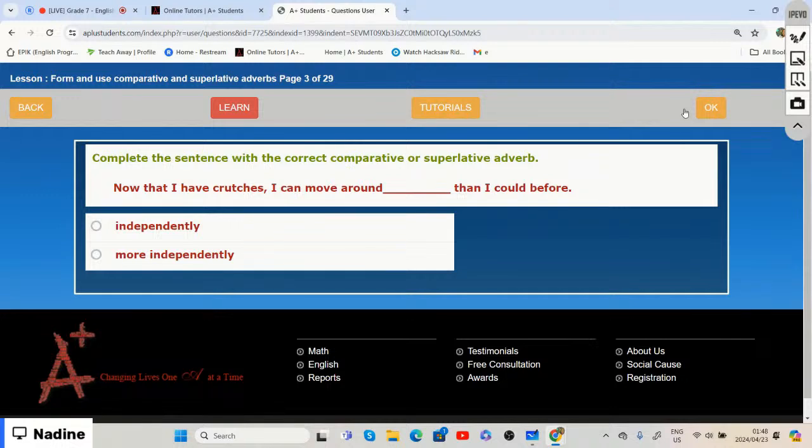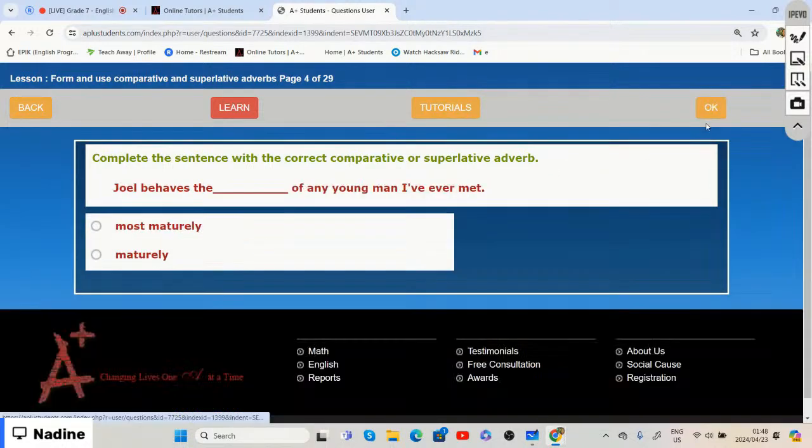All right. And we can say that is more independently. So I already do things independently. So that is more independently.